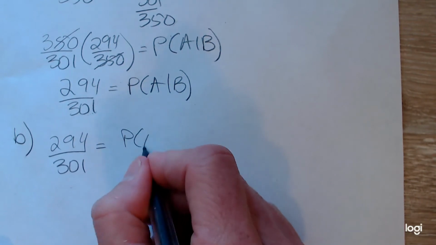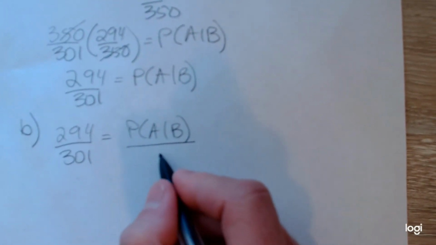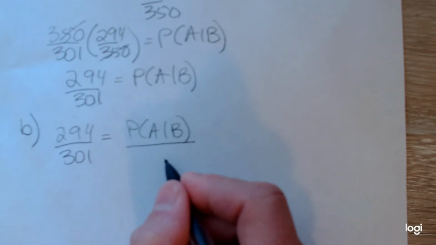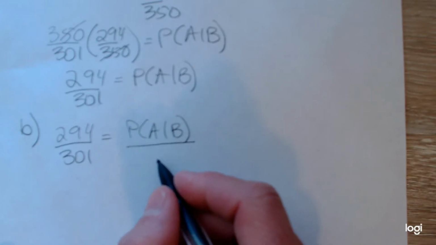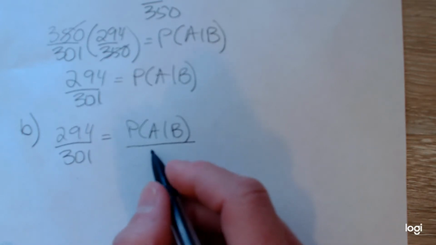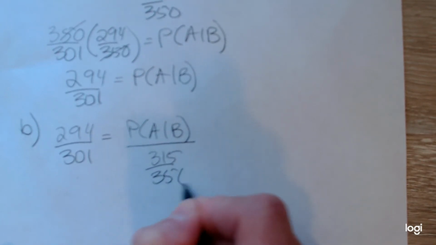I can still use A and B as my notation, but I want to make sure that my event in the denominator represents the event that's given. So we're given that the flight departed on time, and the probability that occurred was 315 out of 350.